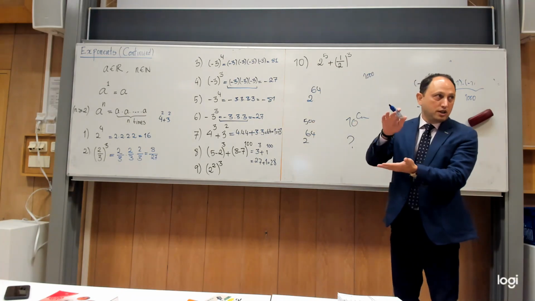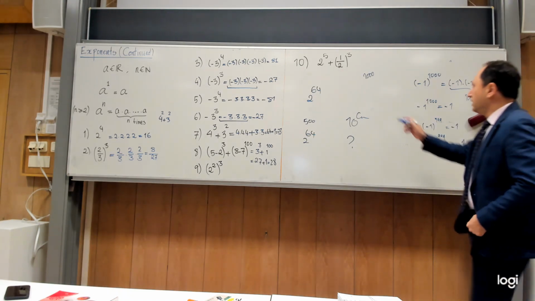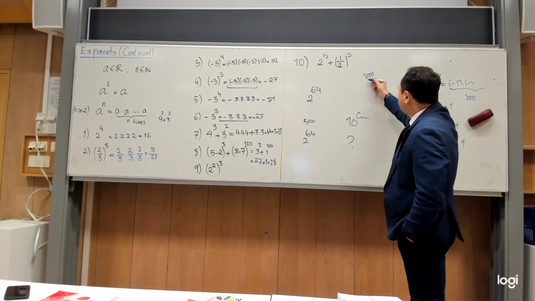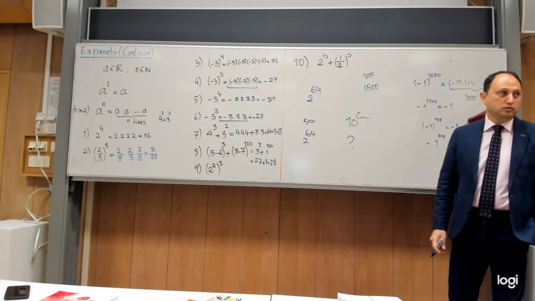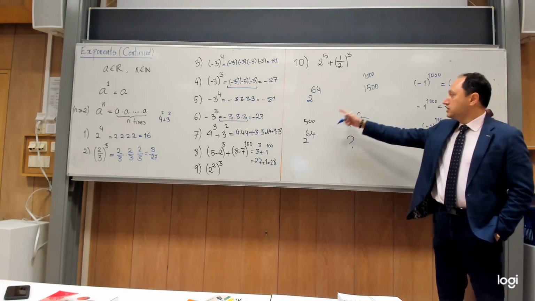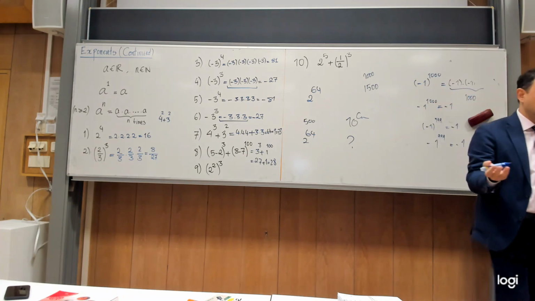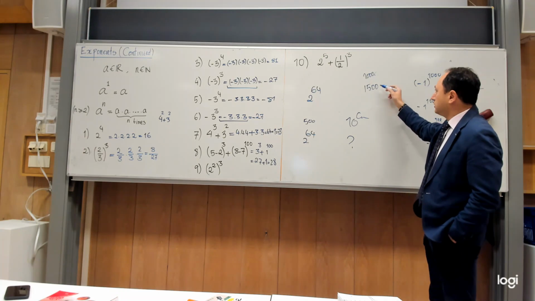That would be the thickness of 1,000 pages. Is that understandable? If I ask you what would be the thickness of 1,500 pages, you divide this number by that number, it becomes 3, and multiply it here, it becomes 30 centimeters. Yes?